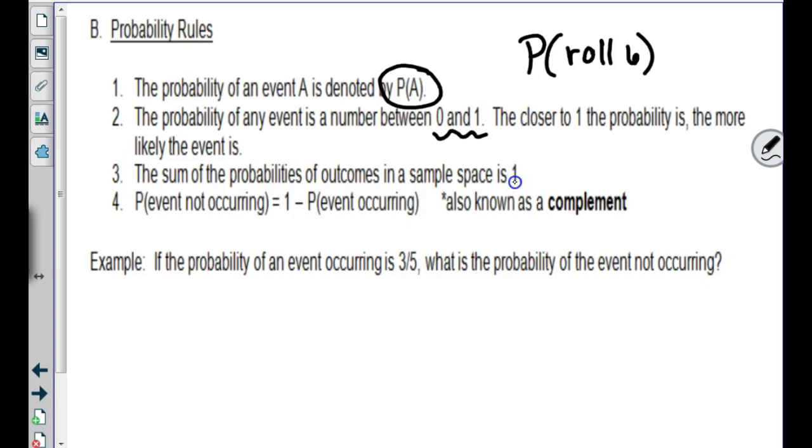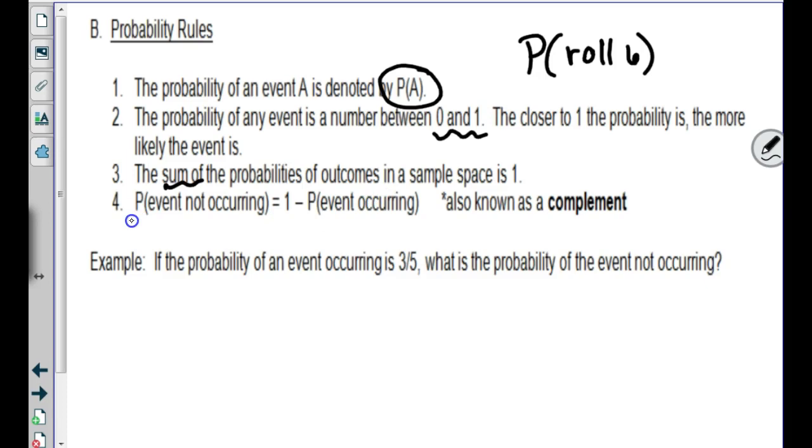Like if you figured out the chance of rolling, the sample space for the die was 1 through 6, right? If you add up the probability of rolling a 1, a 2, a 3, a 4, a 5, and a 6, those all have to add up to 1. 1/6 plus 1/6 plus 1/6. We good? It always has to total 1 because if you've encountered the sum of all the probabilities of all the outcomes, it's got to add up to 1.